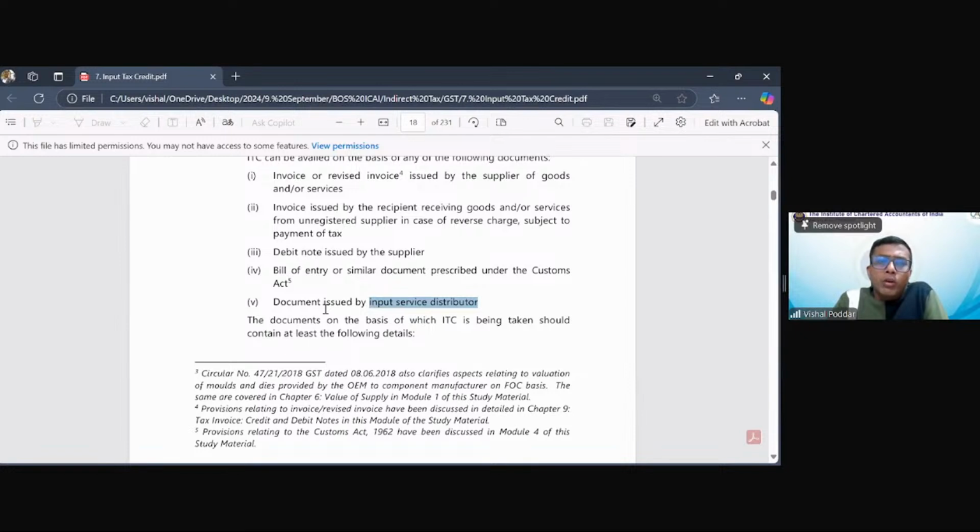And all their units, all their actual manufacturing, all their godowns are spread across India. Their entire management administration is done from that one office. Now, this office is only doing management administration. In other words, it is not making any outward supply.